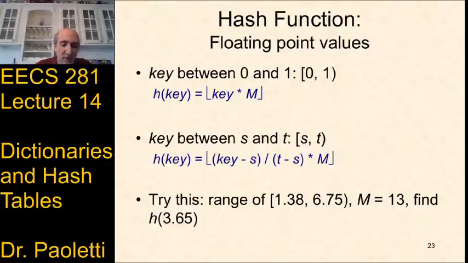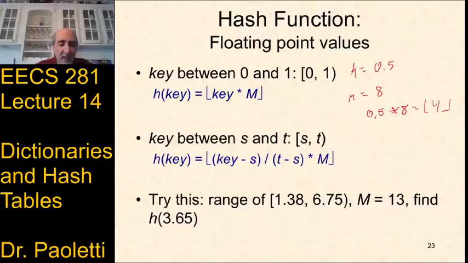So let's say, for instance, I had a key. My key was equal to 0.5 and m was equal to, let's say, 8. Well, I multiply 0.5 times 8. That gives me 4. I take the floor of that and say, hey, 0.5, you should be at index 4.